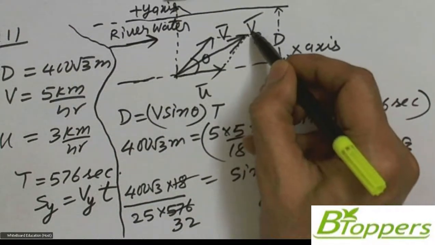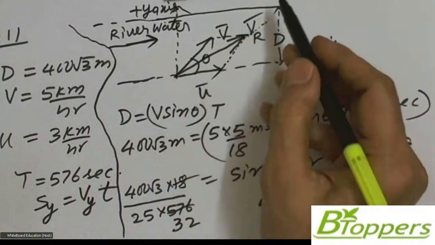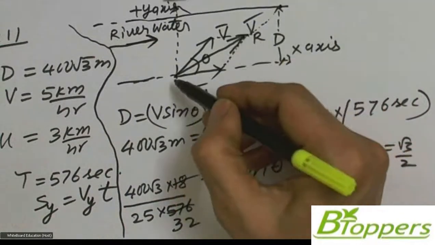That means the boat travels in the direction of this resultant velocity and reaches the other bank at this point.